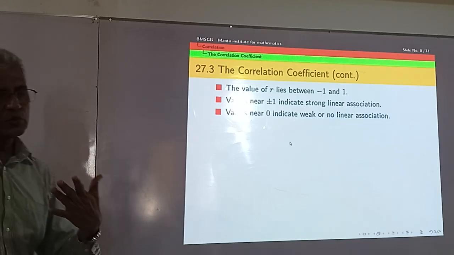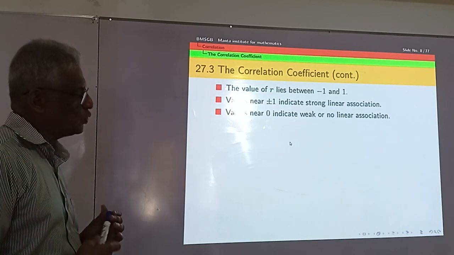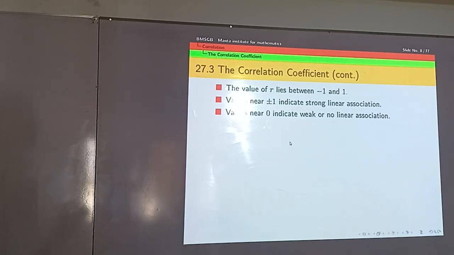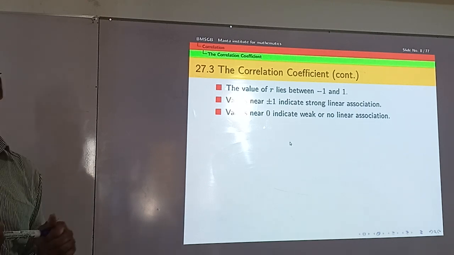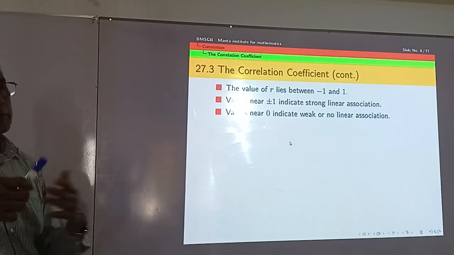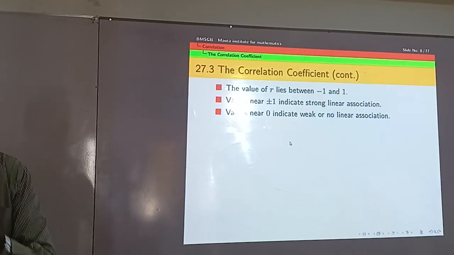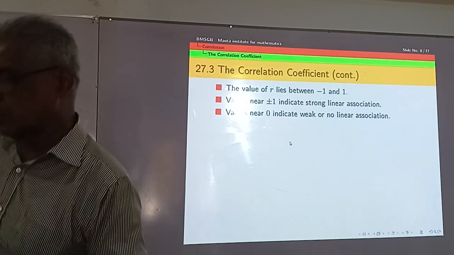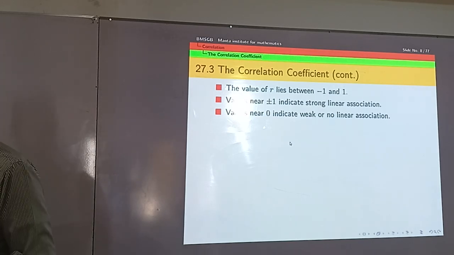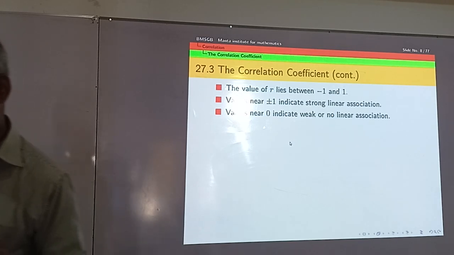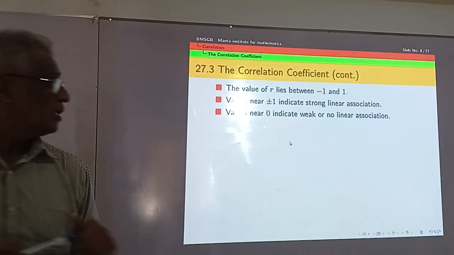But if the value of R is close to +1 or -1, then we interpret it as a strong linear relationship. Depending on the sign, we can say whether it's a strong positive linear relationship or a strong negative linear relationship. The word linear is very important in interpreting R.